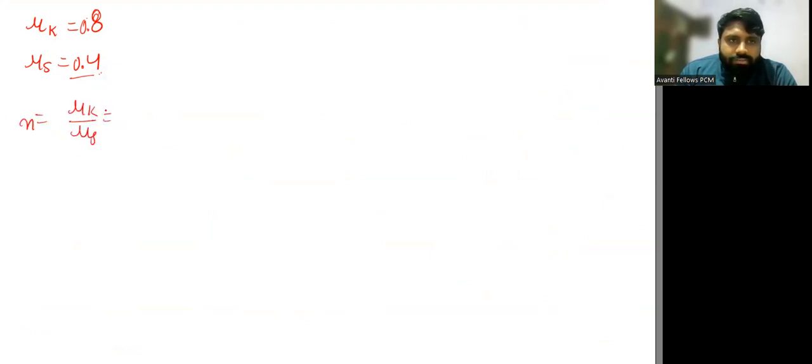So mu k you have calculated as 8 by 10, which is 0.8, and mu s you will have as 4 by 10, which is 0.4. So it has been asked in the question the ratio of kinetic to static friction, which is given by mu k by mu s is equal to 0.8 by 0.4, which is 2. This is the correct option.